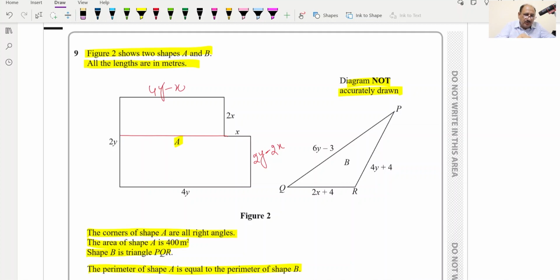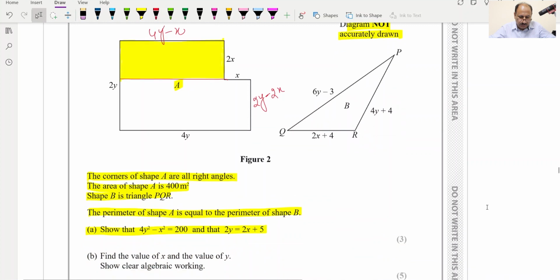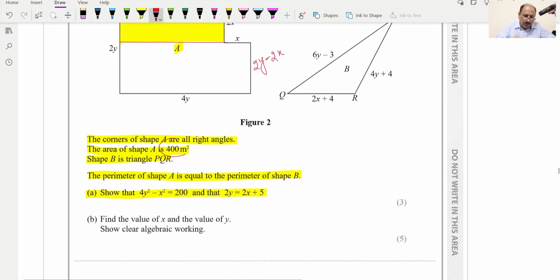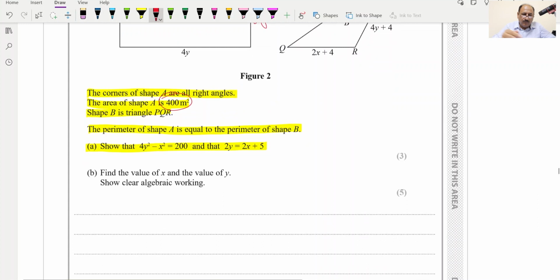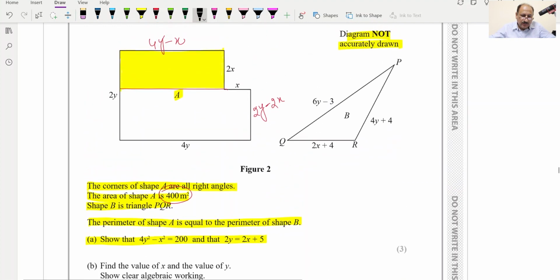Basically we have two areas, so we take two rectangles separately, find the area of these two rectangles and add them, and this will be equal to the area of the given shape, which is 400. So our equation is (4y minus x) multiplied by 2x, this side multiplied by this side.